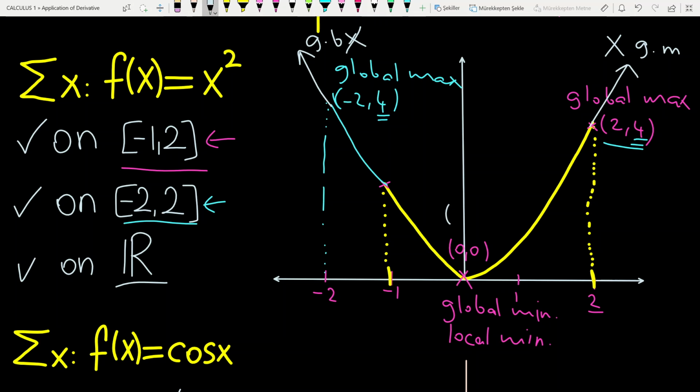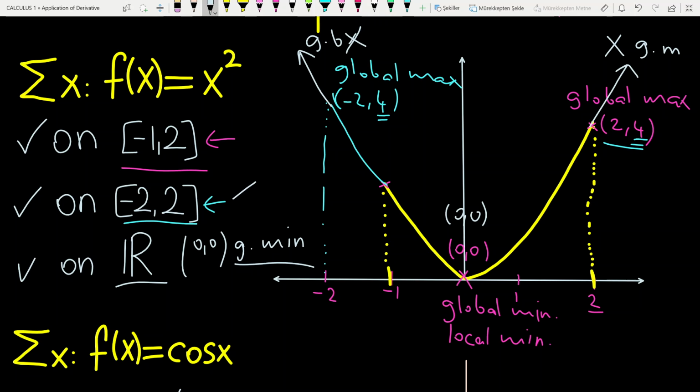You only have a global minimum or local minimum. In this case 0, 0 is the global minimum point, but we don't have any maximum extrema.